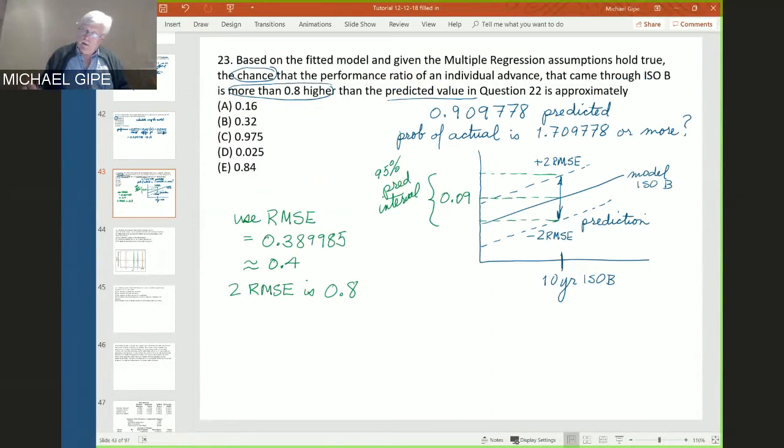So this would be 1.7. So what's the probability that an advance from a 10-year-old coming through ISO-B would be more than 0.8 higher? So it would be above that prediction interval on the positive side.